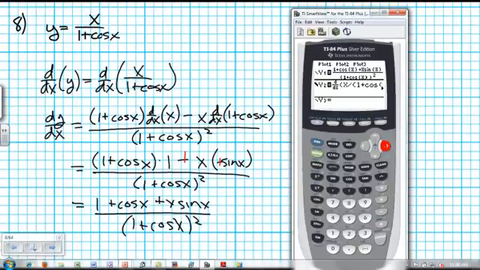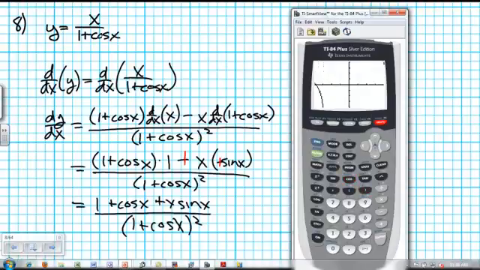And in this one, I'm going to clear out the inside there, and I'll also put in my original function, x divided by 1 plus cosine of x, using fraction mode. Let's graph that.